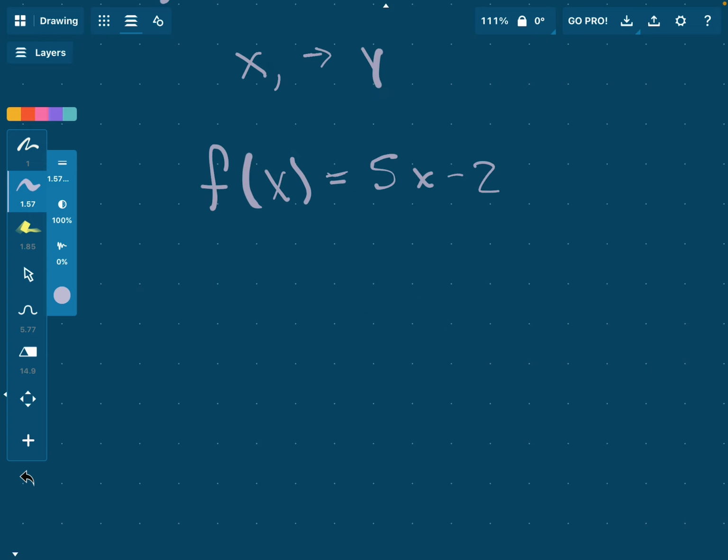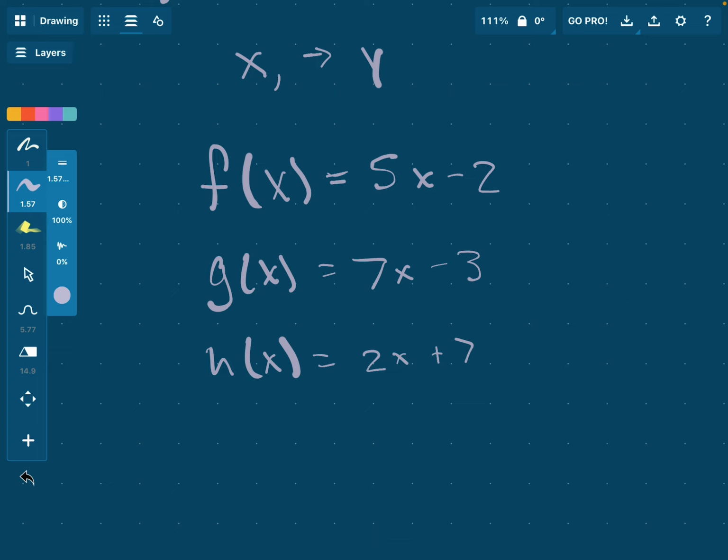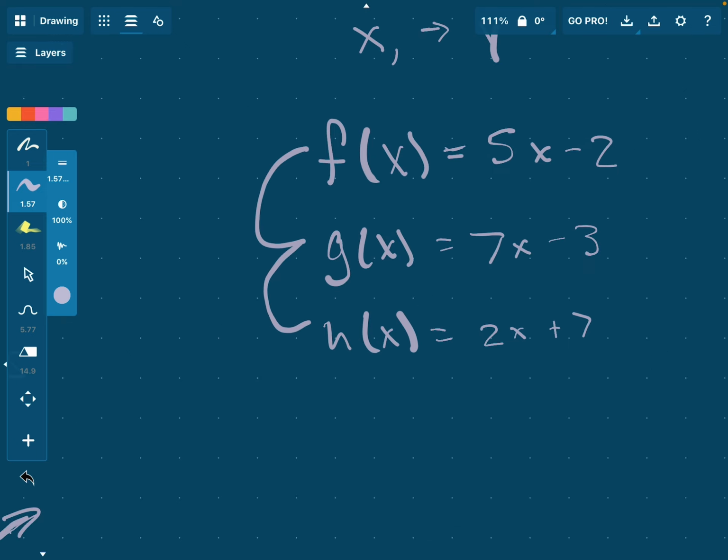But also, now we can have multiple dependent variables. So maybe this is 7x minus 3. We can have h of x, which is 2x plus 7, or whatever, it doesn't really matter. So these are all dependent variables which depend on x.